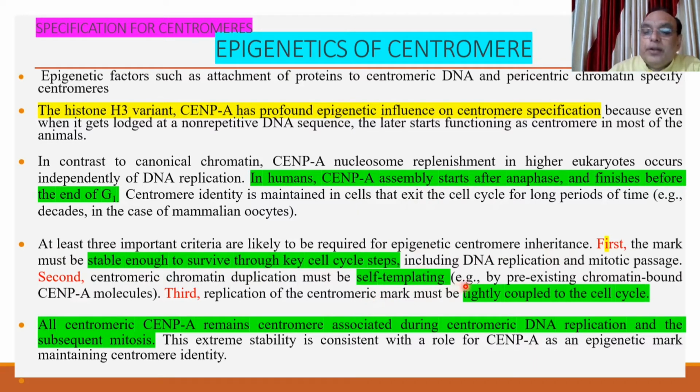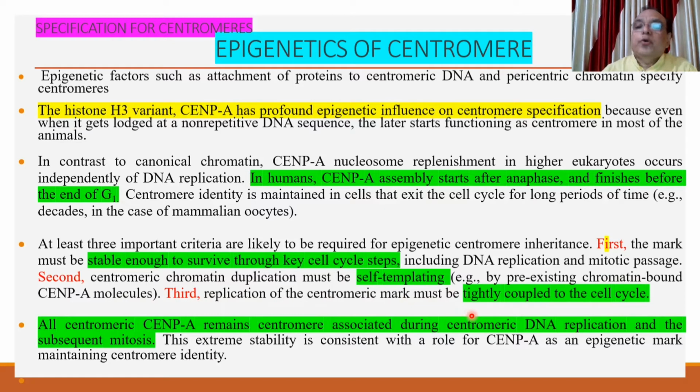Then self-templating. As I have told you earlier, the pre-existing chromatin-bound CENPA molecule acts as template. Then third, replication of centromeric protein must be tightly coupled to the cell cycle.